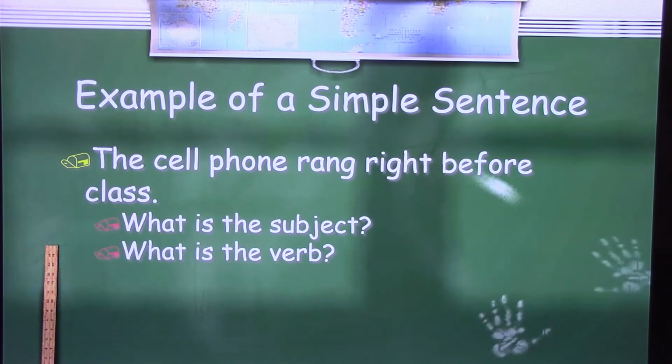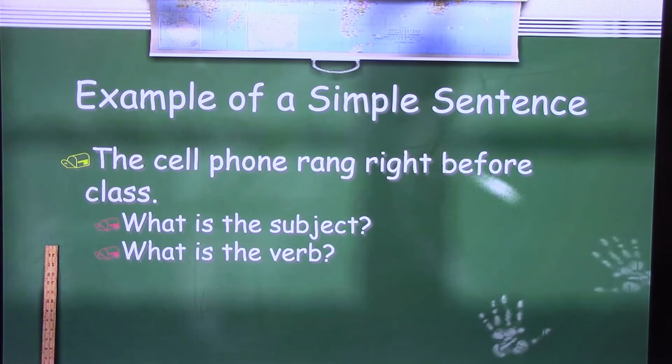It is just one thing. If we add other things, we say it rang and it fell from the table, then it's another thought. But here we have got only one thought, which says the cell phone rang right before class. It's one complete thought. And a sentence like this one is called a simple sentence.